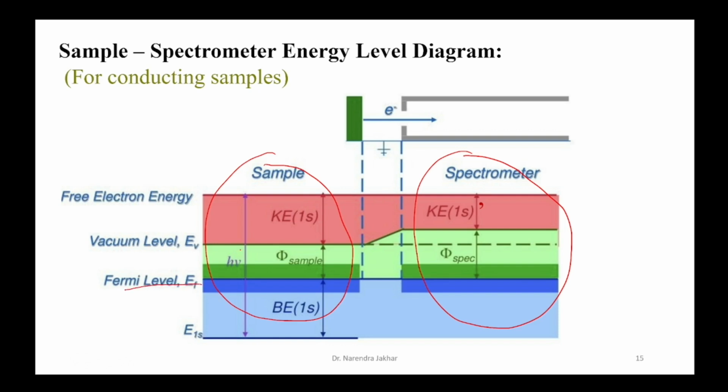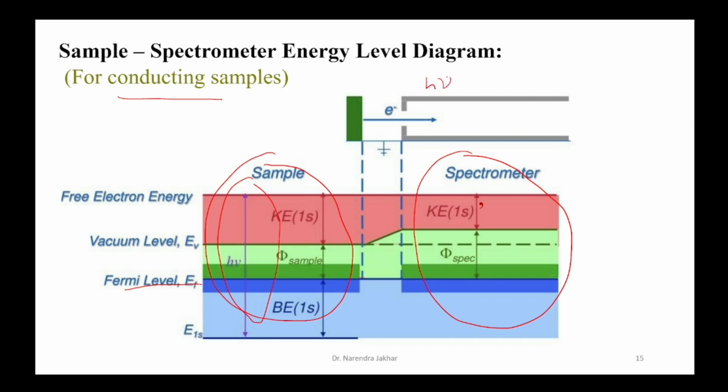Since the sample is a conducting sample, the spectrometer and sample Fermi levels are on the same vertical level. This is due to the conducting sample. And this h nu is the photon energy of the X-ray. So what does this equation become here?